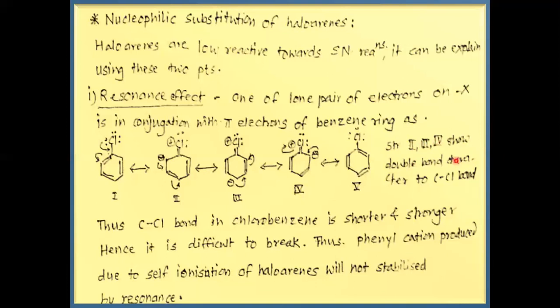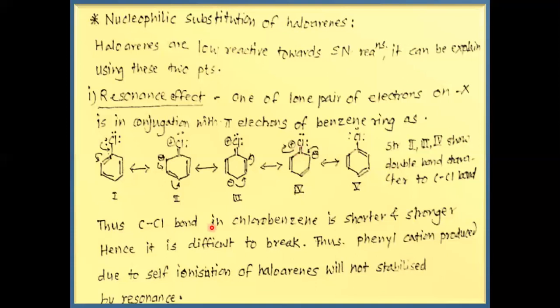So structures second, third and fourth show double bond character to the CCl bond.